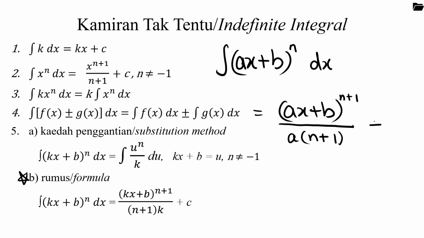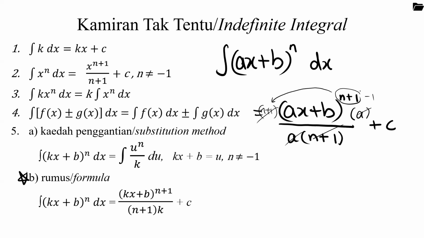Why? Because integral is the reverse of differentiation. In differentiation, I bring this down to the front, do outside, then I follow by doing inside, which means I differentiate the ax and I get a. So the a and the a, n plus 1 and n plus 1, so that you can get back ax plus b to the power of n.